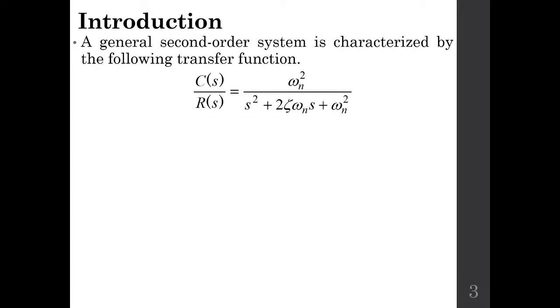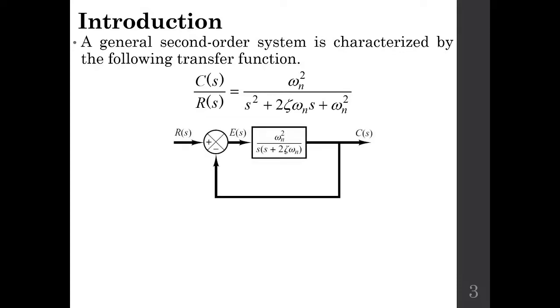If we want to draw this transfer function in the form of a block diagram, you can see it given here. This is our feed forward transfer function, and the feedback element is just unity. If you solve this block diagram, you will come up with this second order transfer function equation.